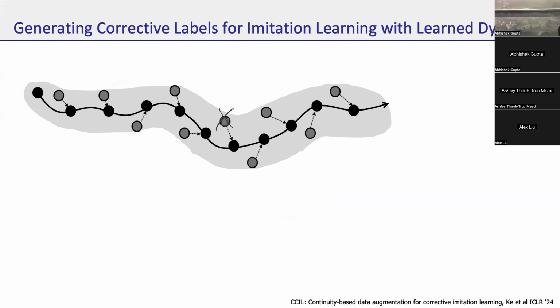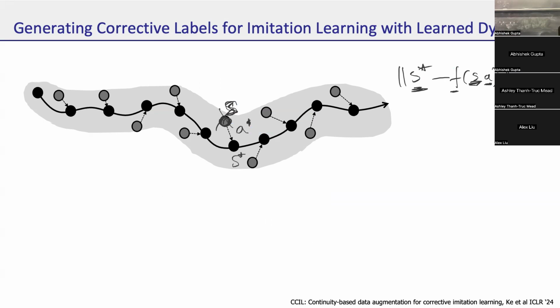If you knew the dynamics of the environment, and you knew that you were at some state S and wanted to get back to some optimal state S star, you can ask: what actions do I need such that when projected through the dynamics will bring me back to an optimal state? So if I knew how the system worked, and I knew some S and some S star, I just need to solve for what action A will bring me from S to S star.